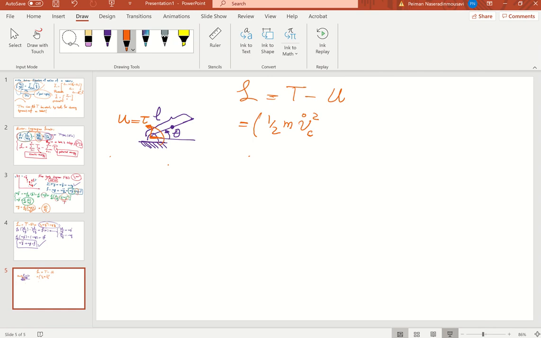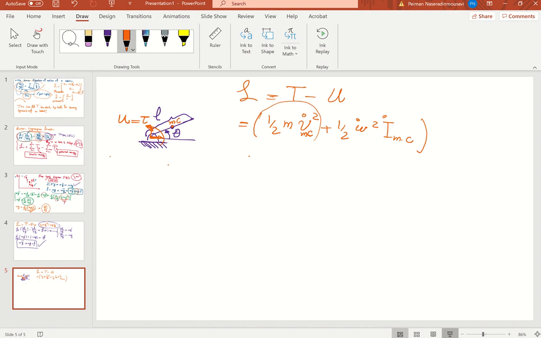Here's the base coordinate system, guys. MC, mass center, is here. Plus 1 over 2 omega squared with respect to the base coordinate system, and I of mass center with respect to the base coordinate system.